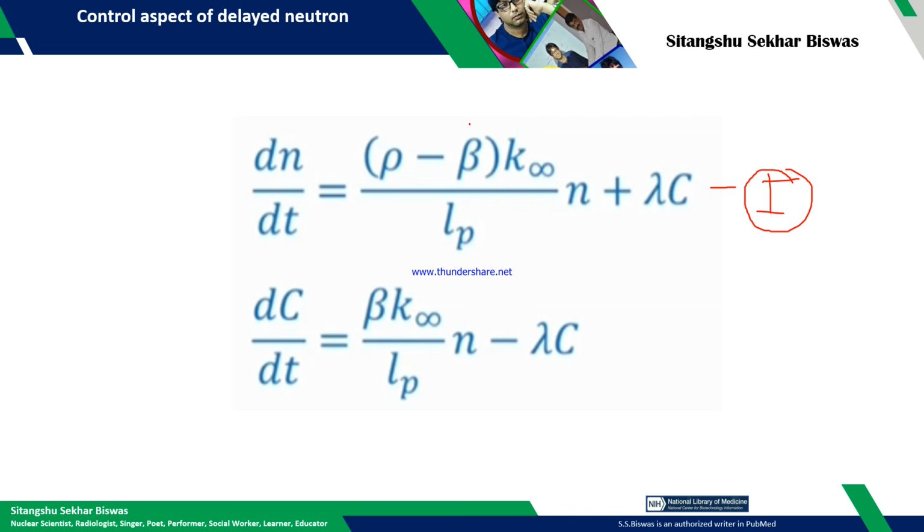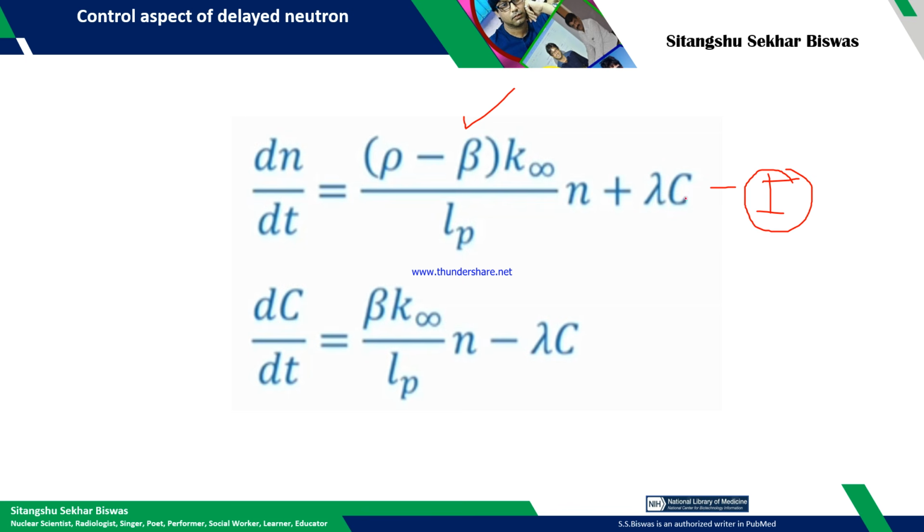This term I have introduced is called beta, the delayed neutron fraction. Even though it is very small in case of uranium 235 fission, the neutrons coming out will be around 2.45 per fission, whereas the delayed neutrons will be 0.0065 per fission. It's a typical figure. You can refer to the textbook; those equations are taken from the standard textbook.